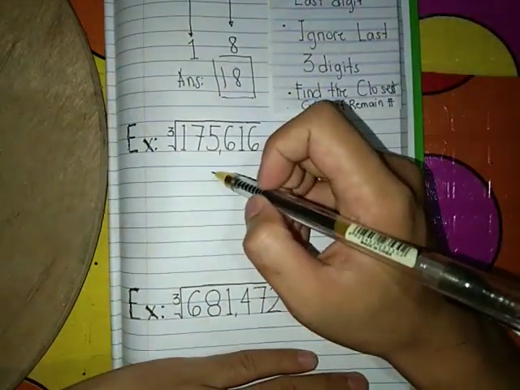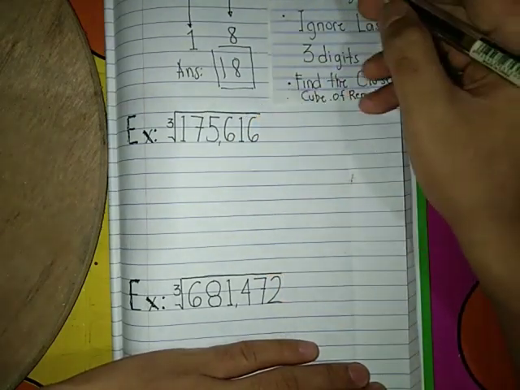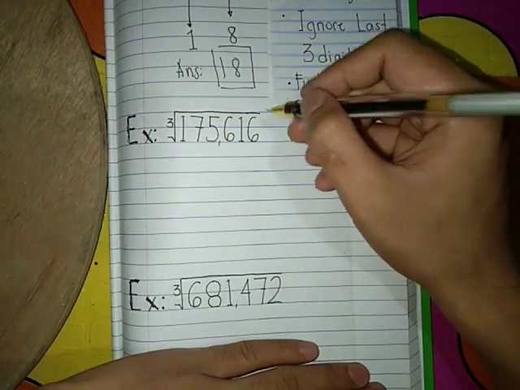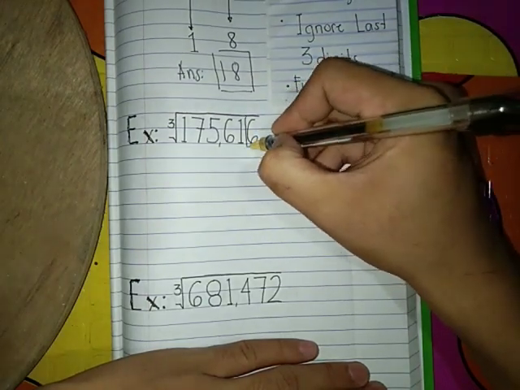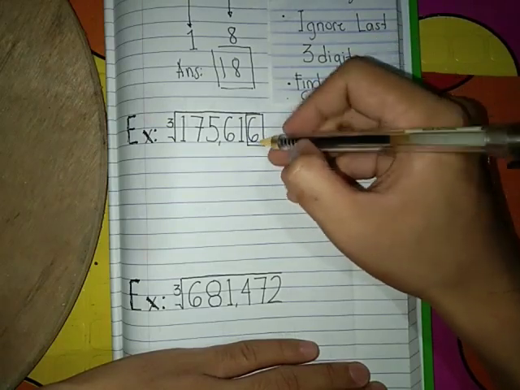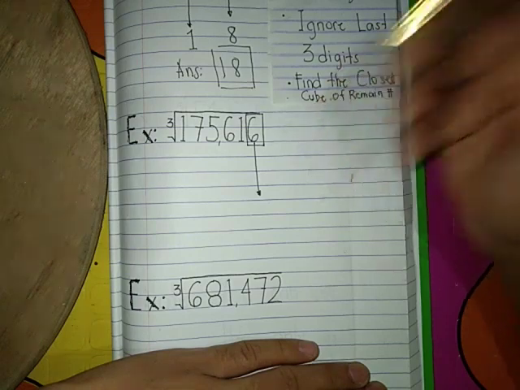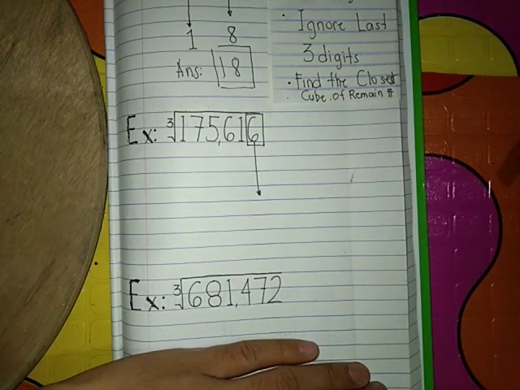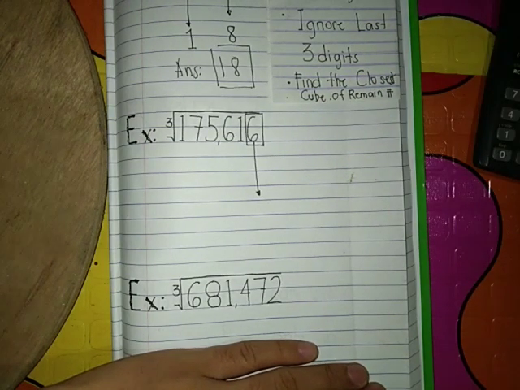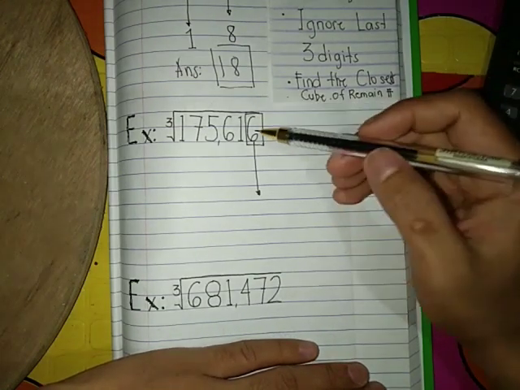Example number 2. Look at the last digit, the same formula. 6 is the last digit. So what is the cube of 6? 216.